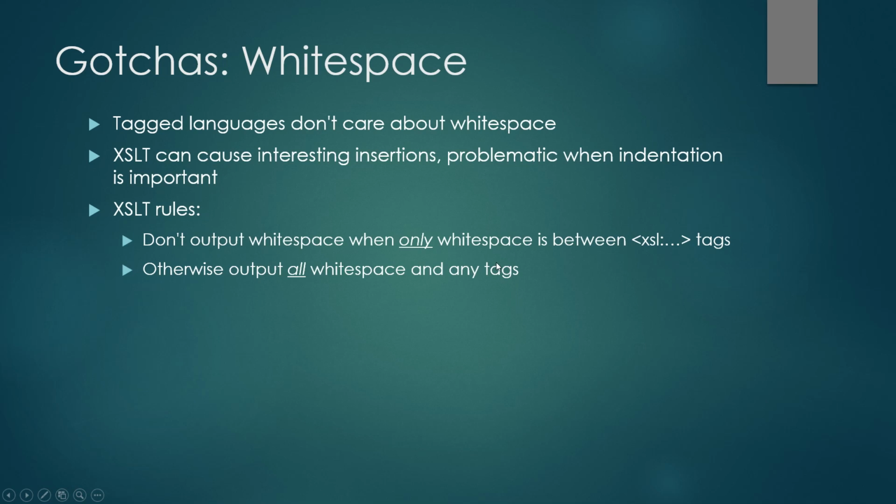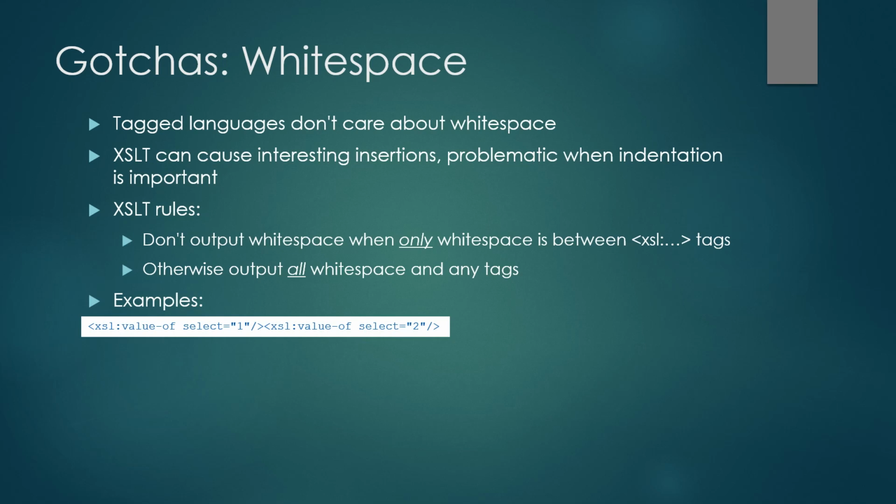Okay. Let's look at some examples. Here is a very simple thing of two value-ofs. The first one, the number 1 and the number 2, butted right together with each other. You can imagine this being in the middle of anything. Remember, value-of dumps it right to the output. The result looks like this, a 1 followed by a 2.